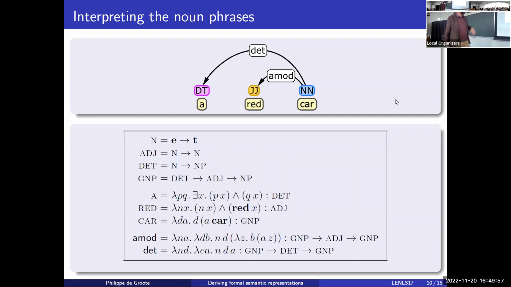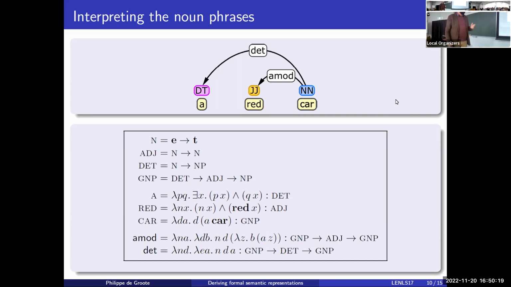Then to all those expressions, car, red car, a car, I will give a generalized type, something waiting for a determiner and an adjective or a modifier and giving a noun phrase.